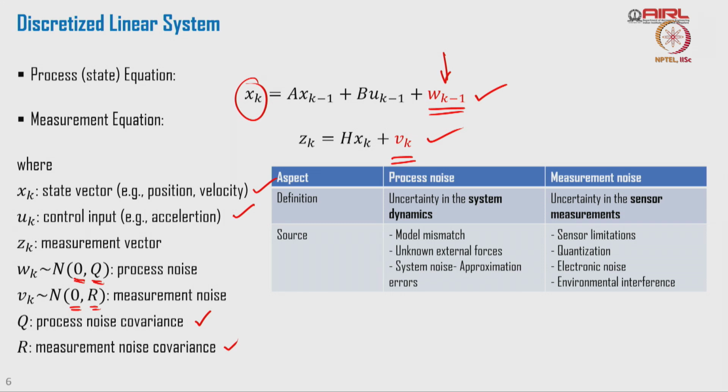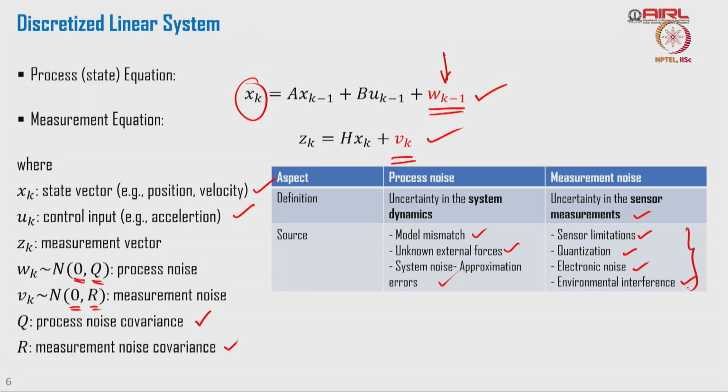Fine. So, what is process noise? You have seen in the last lecture that process noise is the uncertainty in system dynamics, which happens because of model mismatch, unknown external forces, and system noise or approximation errors. Measurement noise, on the other hand, is due to the uncertainty in the sensor measurements: sensor limitations, quantization error, electronic noise, environmental interferences.